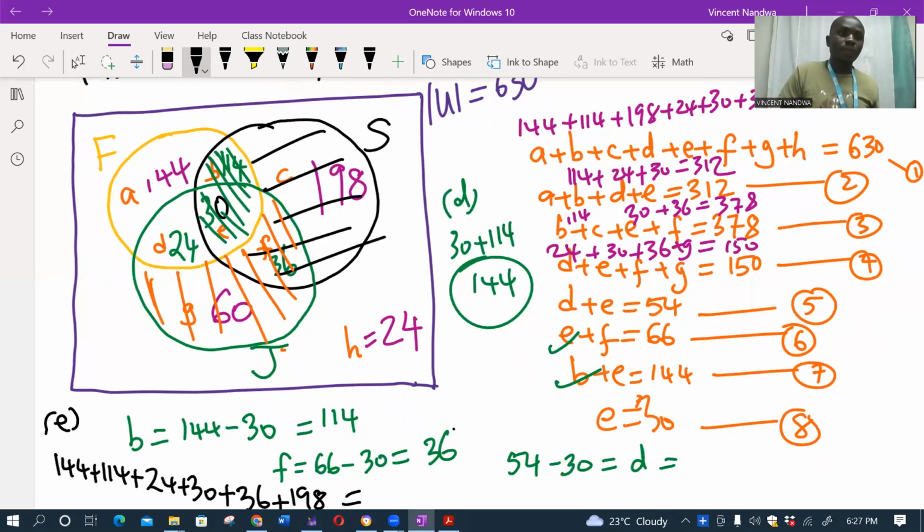So this part E, when we add this, we get 546.